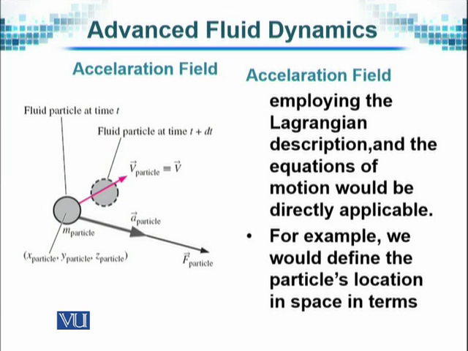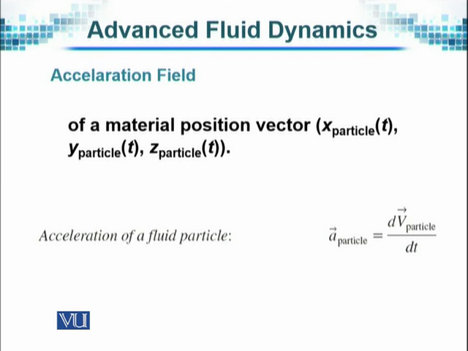This, as you are familiar by now, is known as the Lagrangian method, following each particle and keeping track of it, and therefore at times it becomes difficult to follow. Acceleration for the particle, when we write it, is written as a particle equal to the derivative of velocity of that particle with respect to time.